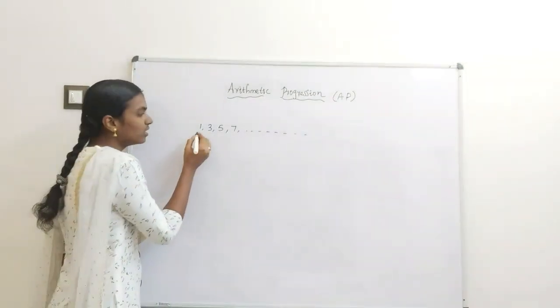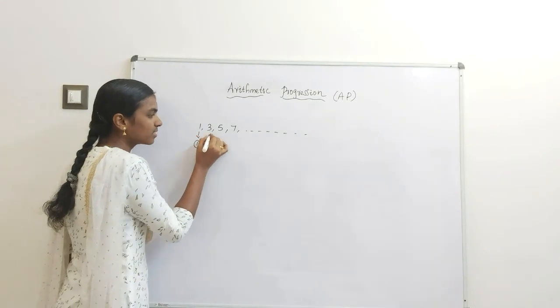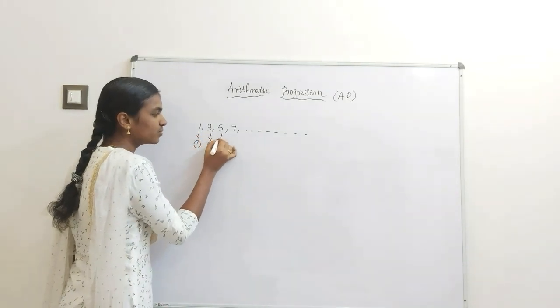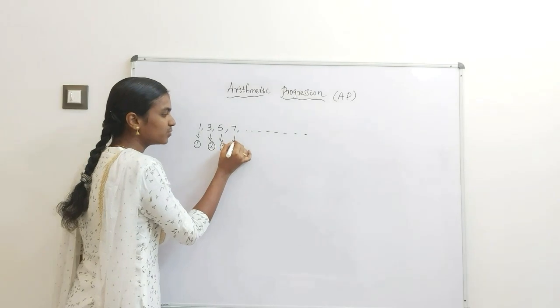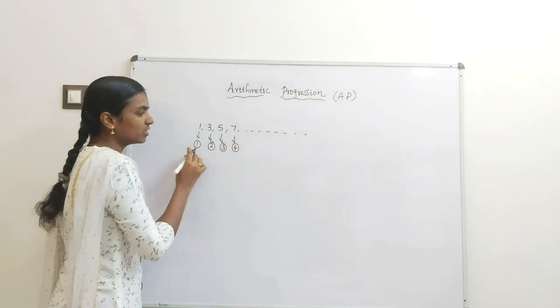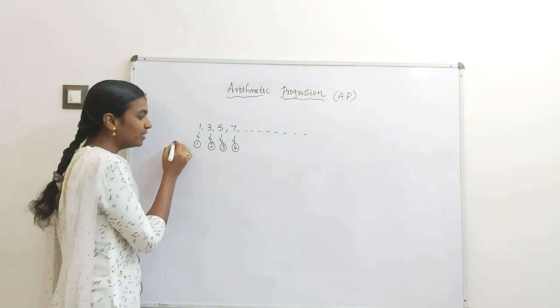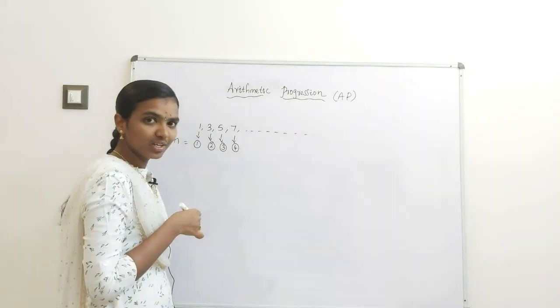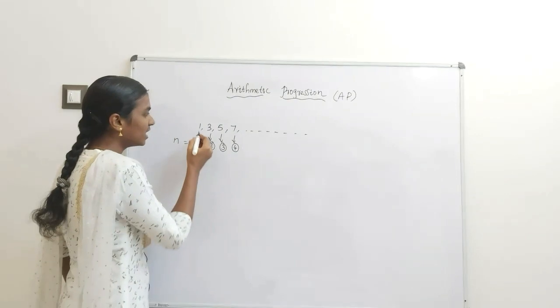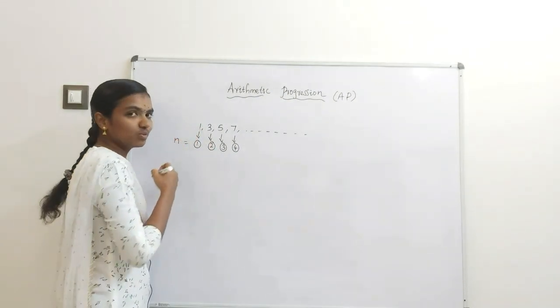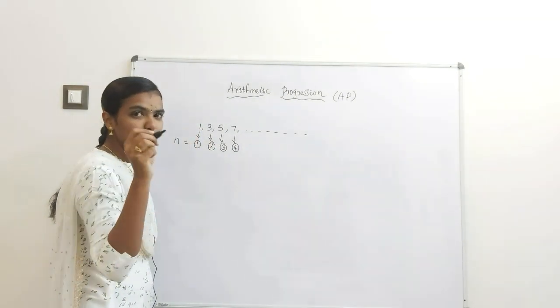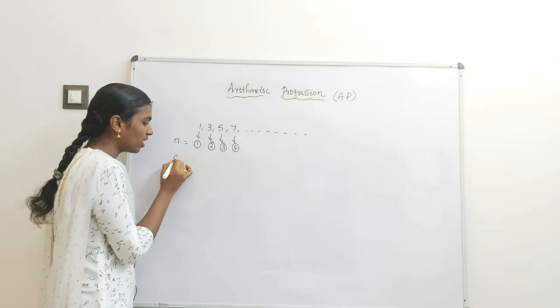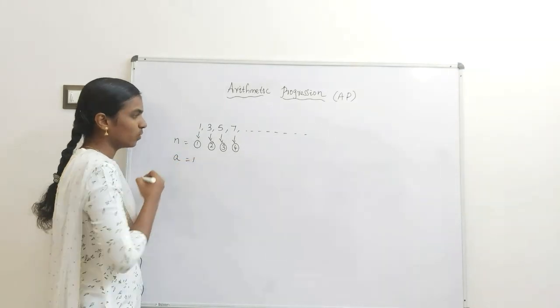So this is the first term, second term, this one is the third term and this one is the fourth term. The number of terms I am going to denote as small n. The first term is 1, so I am going to denote the first term as small a equals 1.